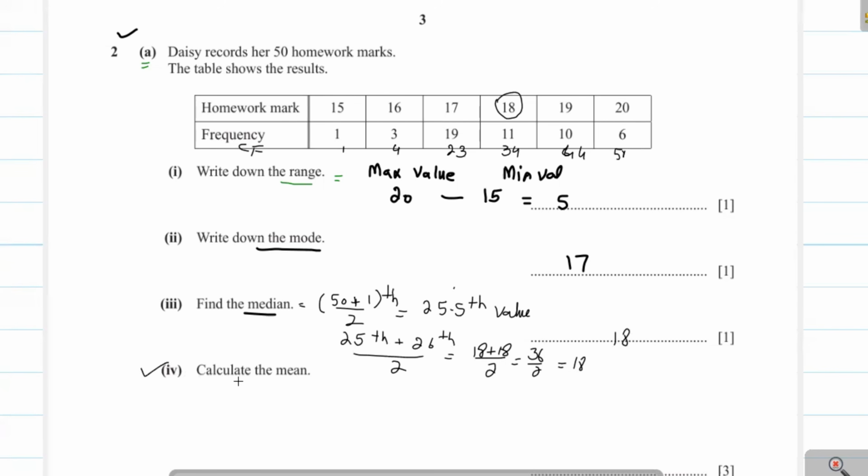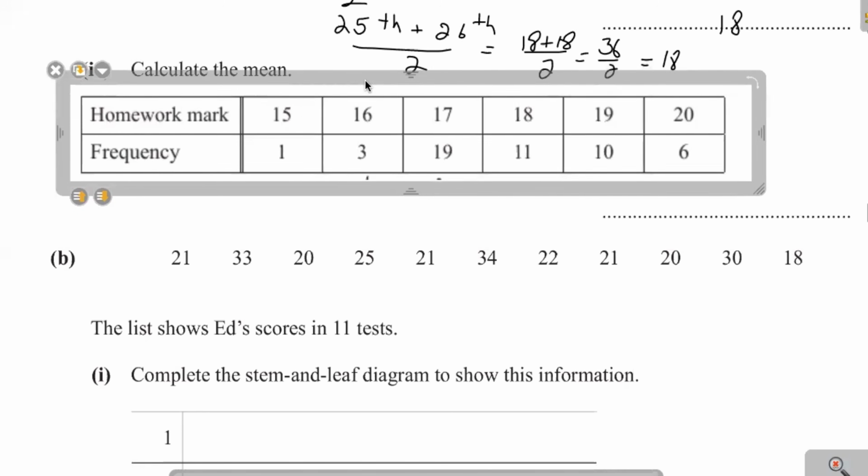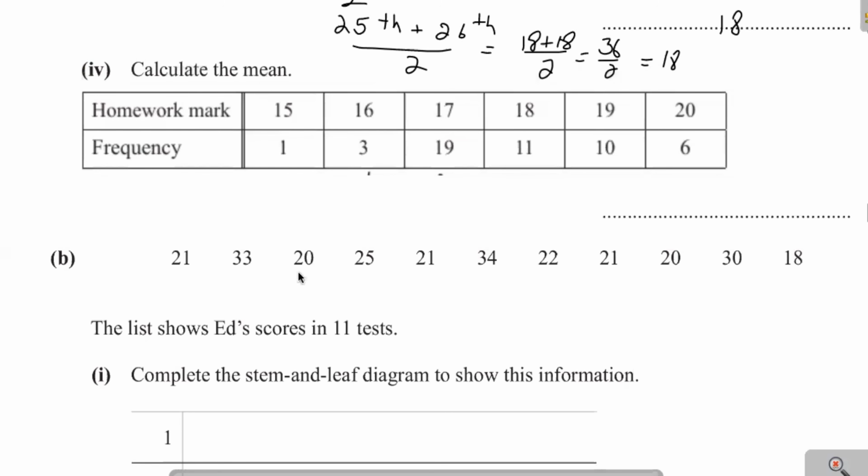Now part 4, calculate the mean. We can find the mean by using the formula: sum of values divided by total number of values. Now the sum of values we can find if we multiply these numbers by frequency. After the multiplication, we add all these values.